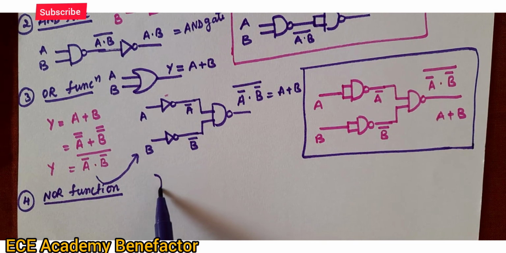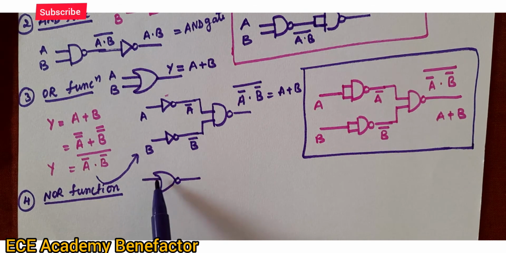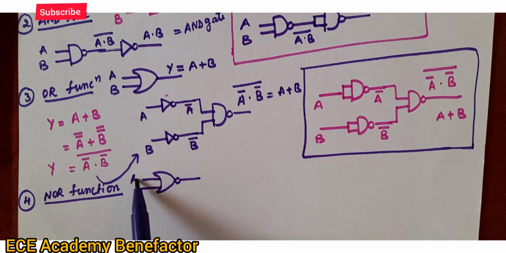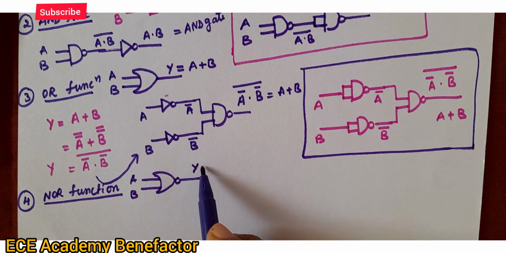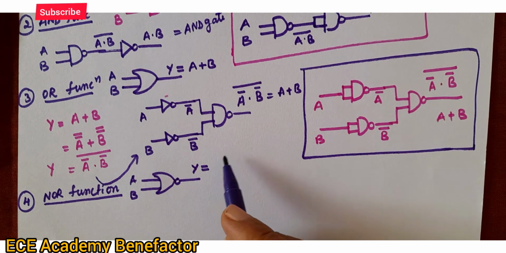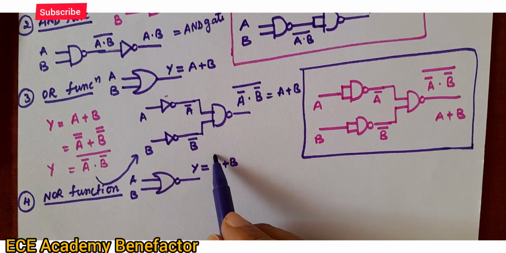Let us first see the symbol of NOR gate, NOR function. A and B are the inputs. Let Y be the output variable. So the output expression for NOR is A plus B whole bar.